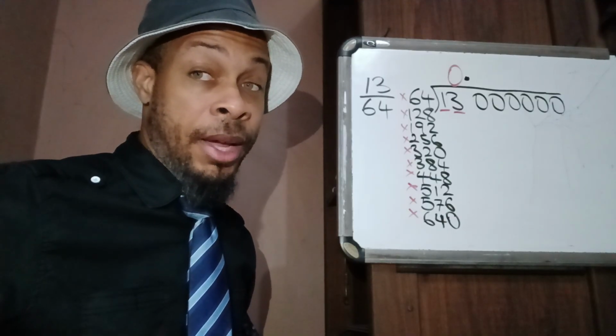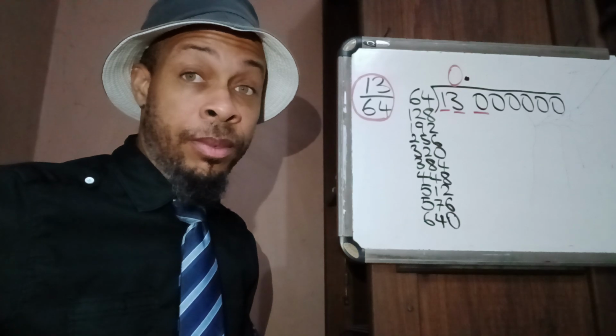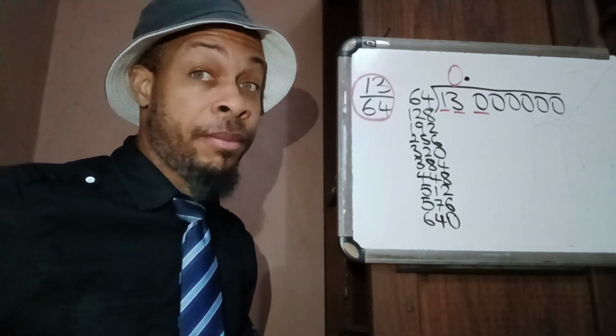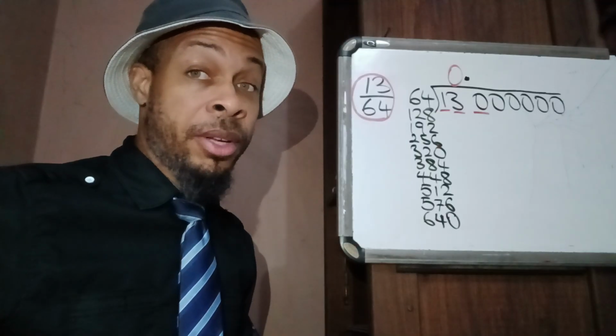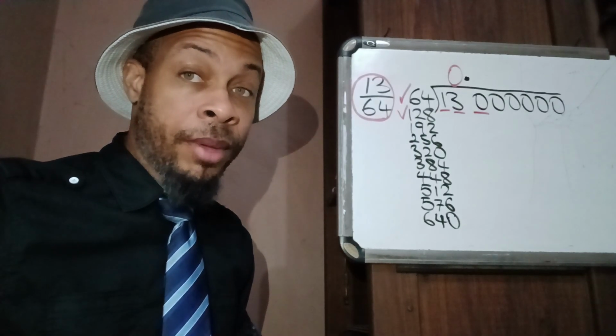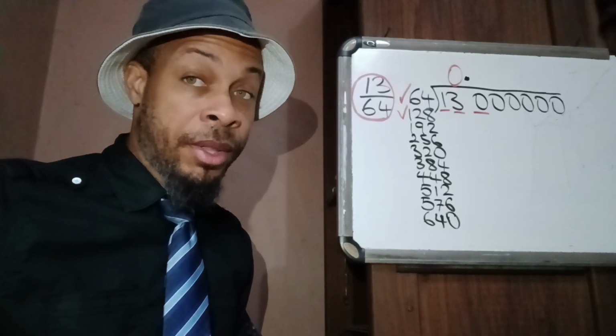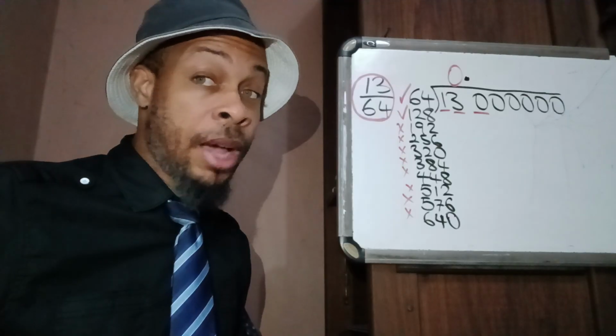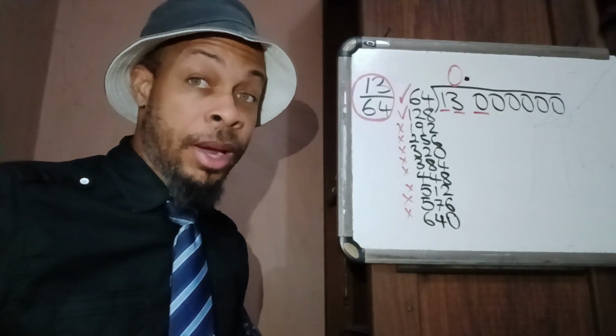Now we're going to underline. So now we underline what's next, which is 0. Now it looks like 13 became 130. 130 is bigger than 64 and 128, and smaller than everything else. Now I put the X's there as a precaution, that way we don't pass our stop, right?